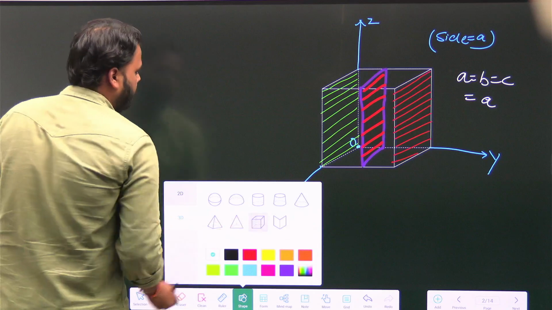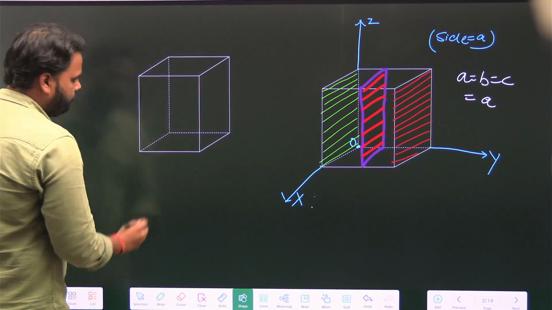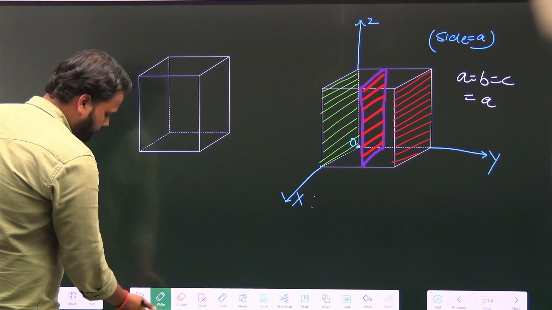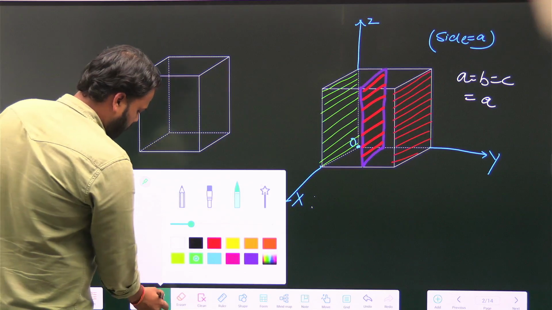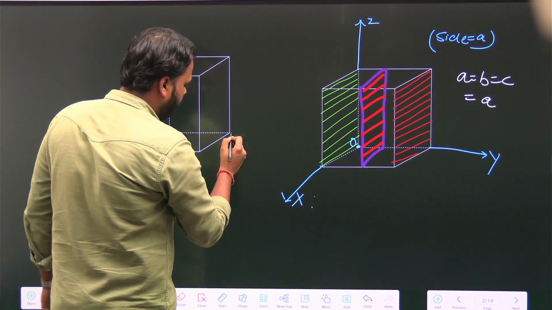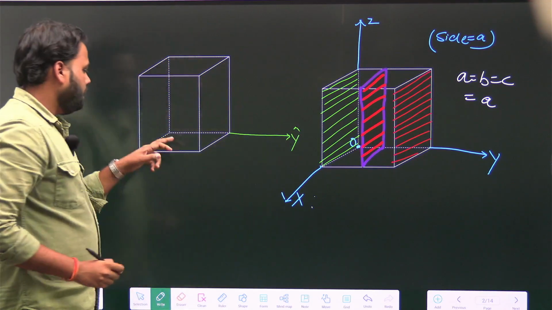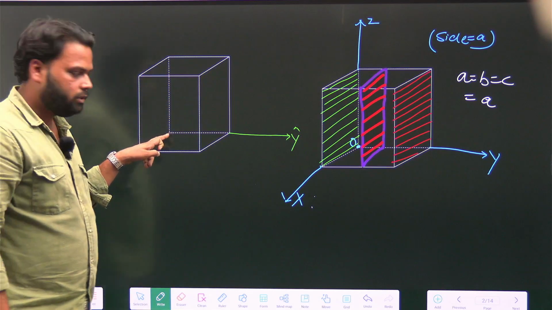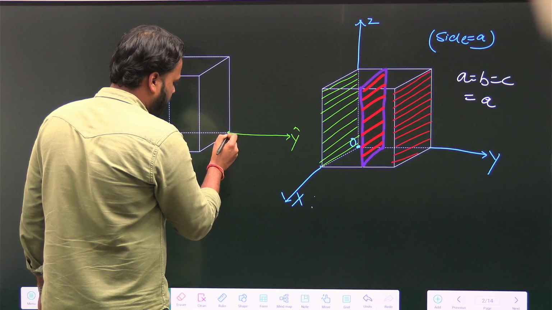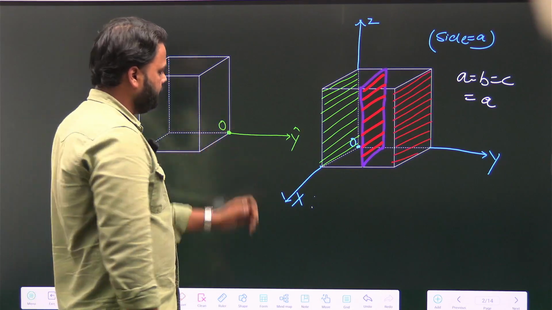I am making another cube here, just for this plane. Now, see, the y-axis will remain the y-axis as it is. Here it was the origin, na? Origin यहाँ पर था ना? I have taken the origin now here. Let's suppose I have shifted the origin here.